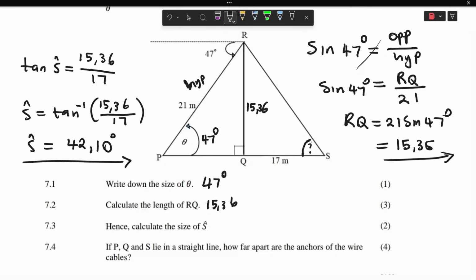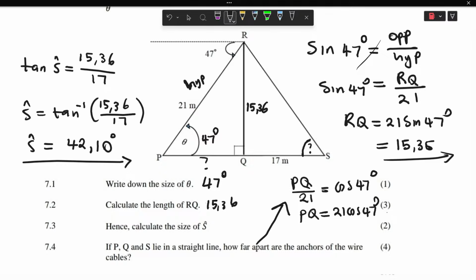We can even use cos. I'm looking for this one. I can say PQ over 21 is equal to cos 47. Can you press your calculator, learners? What is PQ? 21 cos 47.